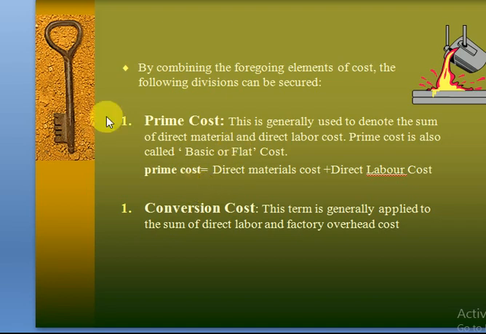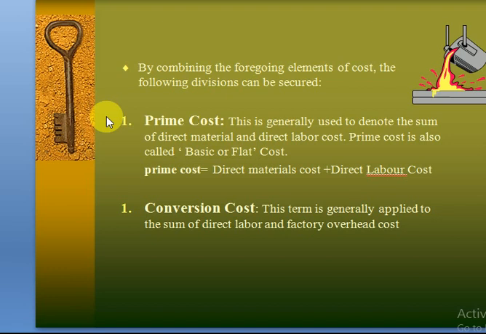Now conversion cost. As its name indicates, conversion cost is those costs which convert raw materials to finished goods. Conversion cost can be simply defined as the amount that is incurred during the transferring of raw materials inventory into finished goods.